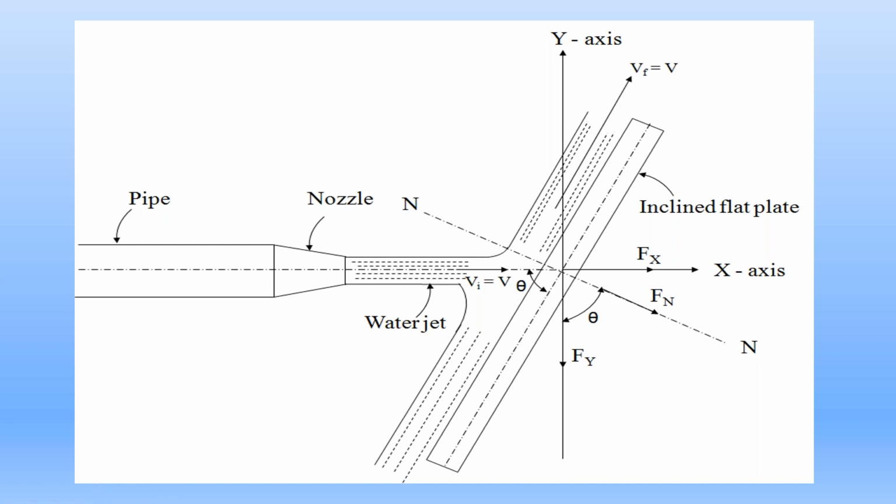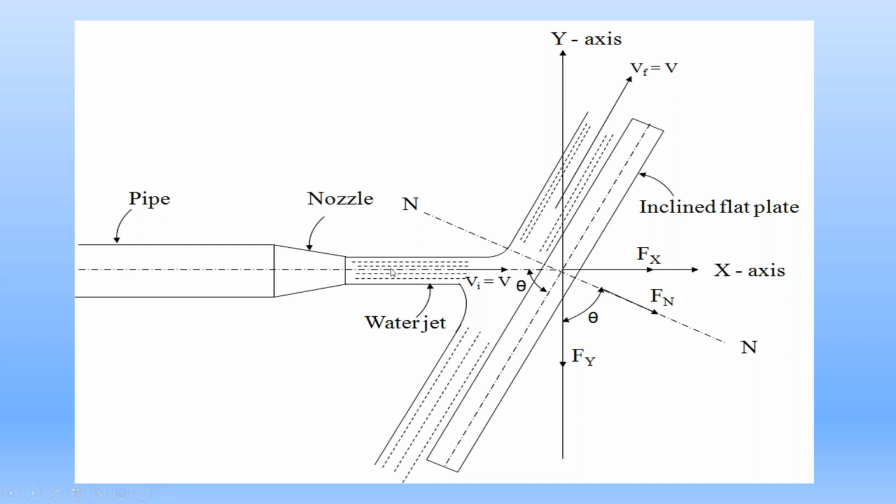So we are in the second condition: the impact of horizontal water jet on the stationary inclined flat metal plate. This is the horizontal water jet coming out from the nozzle. The water jet hits this metal plate.